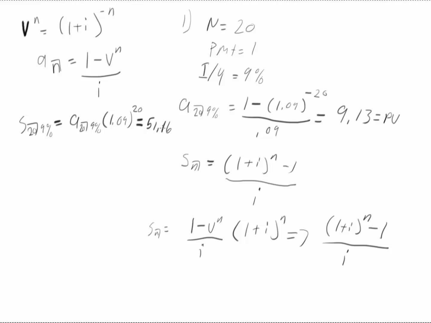Now, if you want to do it in a TVM calculator, we're going to go with the present value first. So you're going to get your n equal to 20, I/Y equal to 9, and our payment is equal to negative 1.